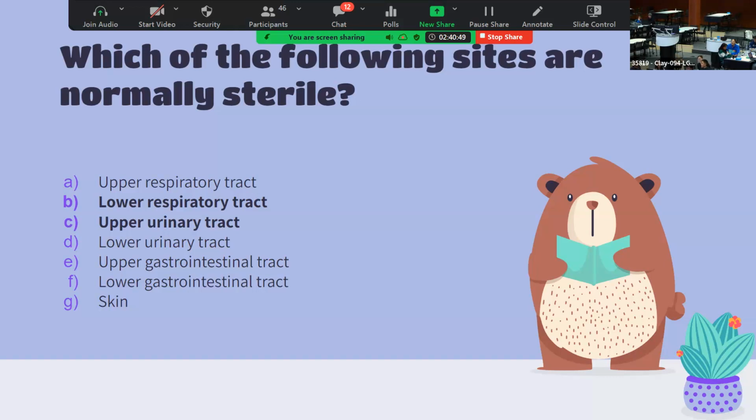Remember, more inside the body is sterile. So the lower respiratory tract is sterile because they've got alveolar macrophages, and then the upper urinary tract is sterile because of that flushing, lavaging action of the urine.